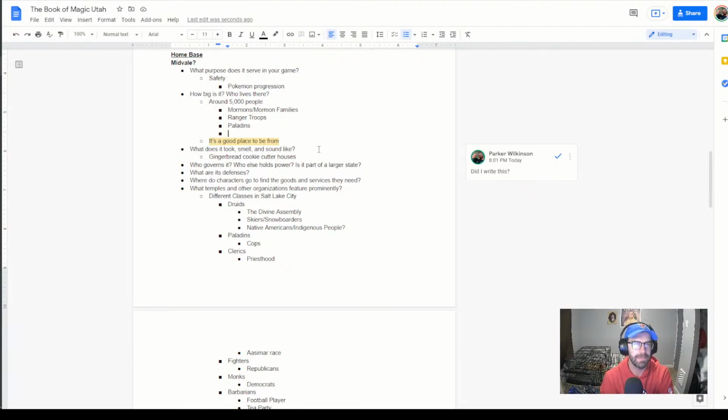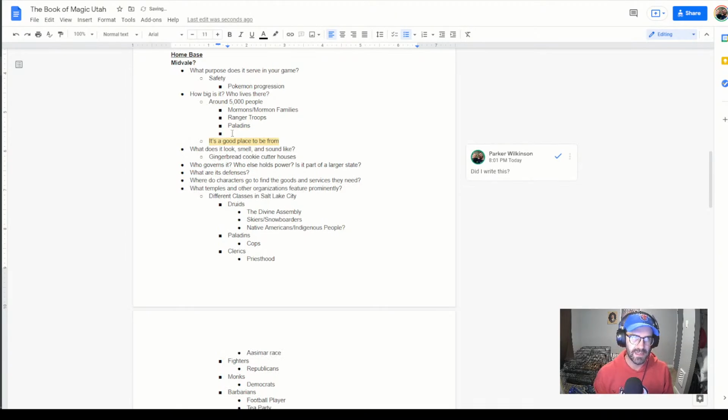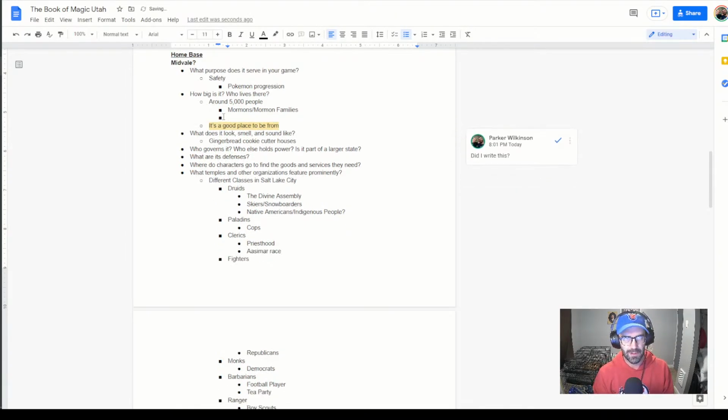So there doesn't have to be a lot there. I think it probably should be pretty homogeneous, so there shouldn't actually be a lot of different types of people. Yeah, I want it to be pretty safe. So there will be humans that live there for sure.